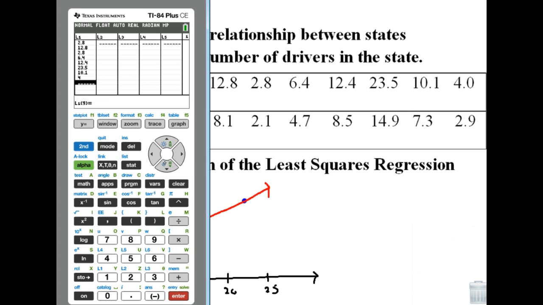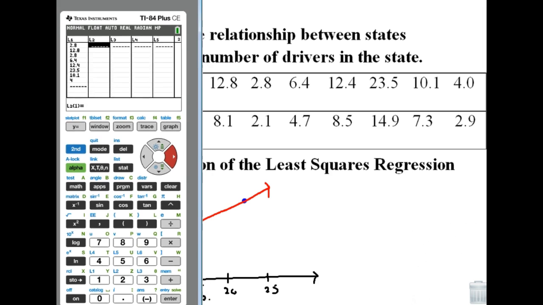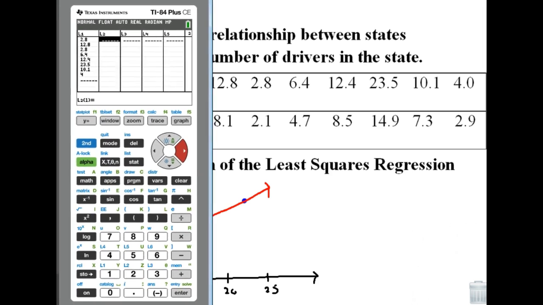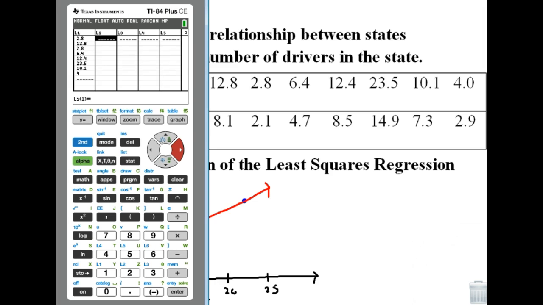Okay, so I'll get those in. And then I'm going to scroll one to the right for my List 2. And now in the same order, I'm going to put in my values for the drivers. And it's important to get these in the same order here so they match up.